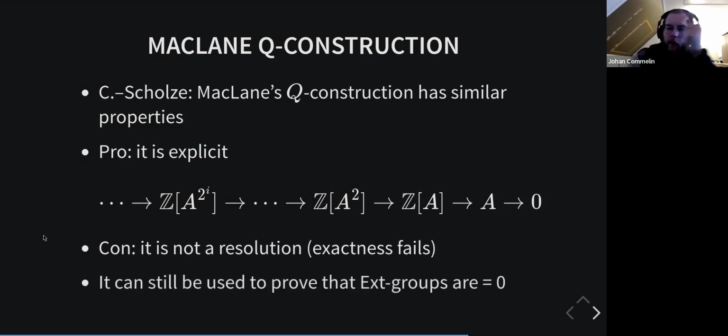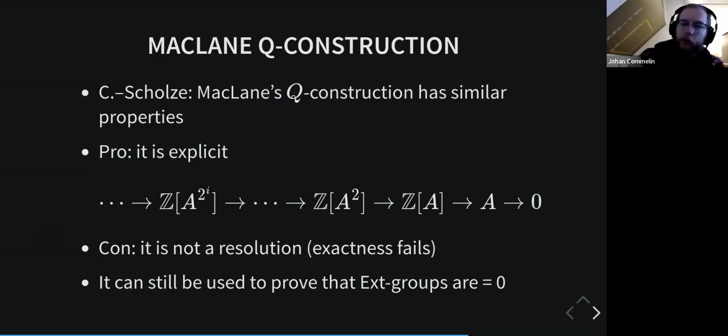But, so you cannot use it to compute arbitrary Ext groups. But if you want to show that Ext groups are equal to 0, then together with Schulze, I showed that actually you can use this complex. So it's not a resolution, it's a complex, but you can use this complex if you want to show that Ext groups are equal to 0.